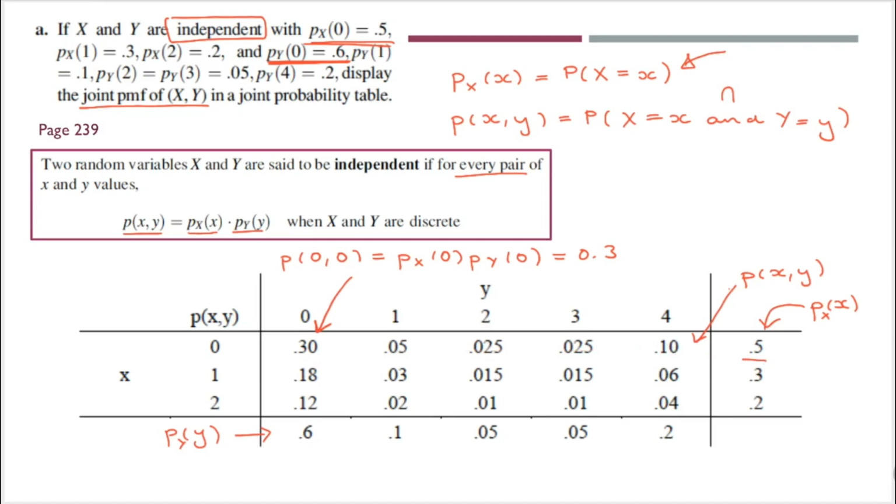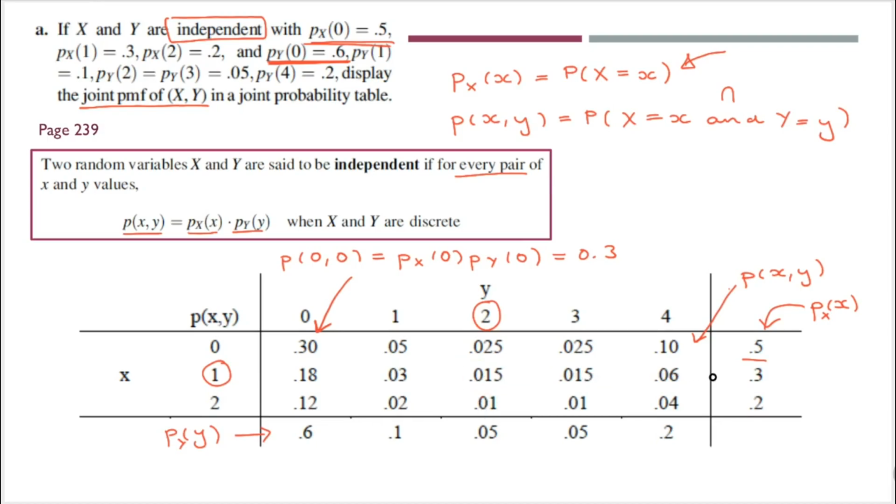So let's say for this value here, that's Y equal to 2, X equal to 1. Then you need the probability of X equal to 1, which corresponds with that value. You need to multiply the probability that Y is equal to 2, which corresponds with that 0.05. And when you multiply 0.3 times 0.05, that's how you get the 0.015.